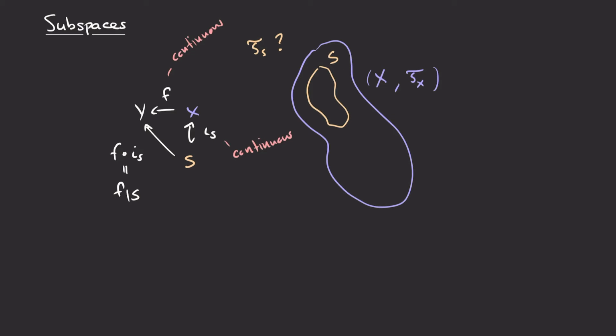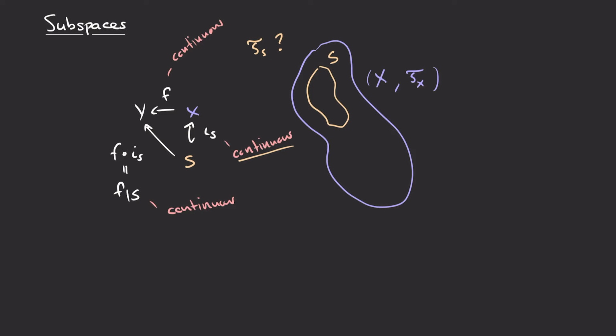That way, if we compose these two continuous functions, this restriction will then again be continuous. Therefore, if we want to use these useful features of this inclusion map, we'll want this inclusion map to be a continuous map from S to X.